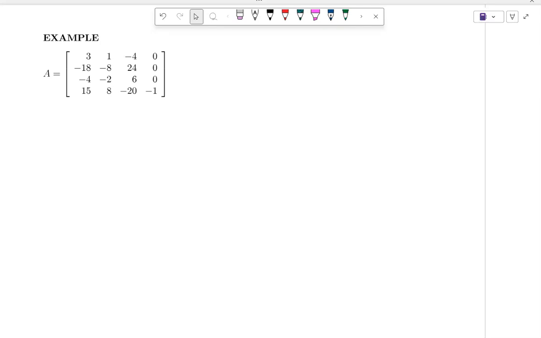We have 3, 1, -4, 0, -18, -8, 24, 0, -4, -2, 6, 0, 15, 8, -20, -1.